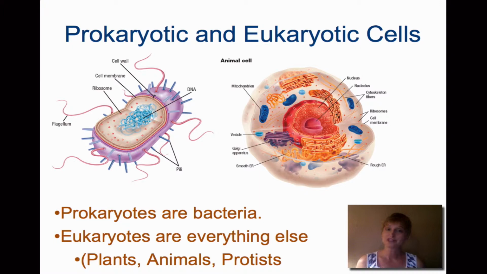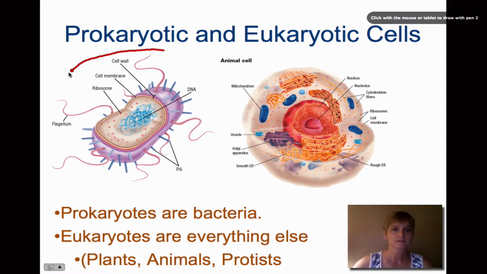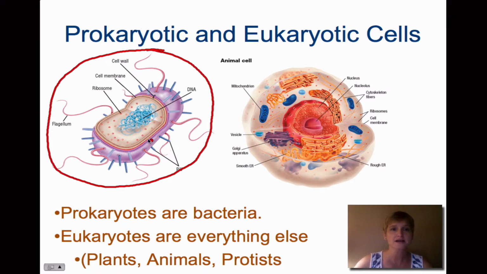All right, I mentioned prokaryotic and eukaryotic cells, so now let me tell you what those are. Prokaryotic cells, they're bacteria. So prokaryotes, you'll see that right here. This is a prokaryotic cell, and it's bacteria. Every prokaryote is bacteria, okay?